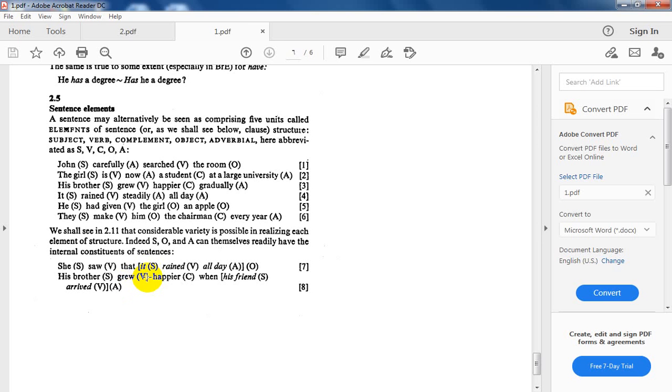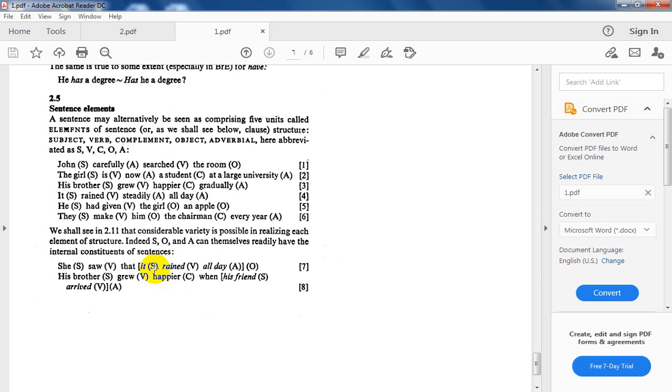The real structure for the first sentence, sentence number 7, sorry: she saw that, SVO. But look at this O, what kind of object is here? Internally, it is a sentence.